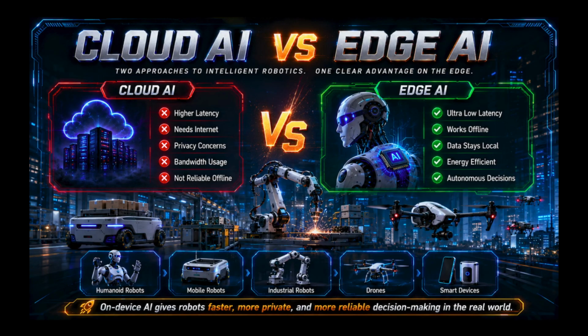Now, let us compare the two approaches. With cloud-based AI, the robot captures data, sends it through the network, the server performs inference and the results come back. That can be extremely powerful because the cloud server may have huge GPUs and virtually unlimited resources. But robotics introduces another requirement.